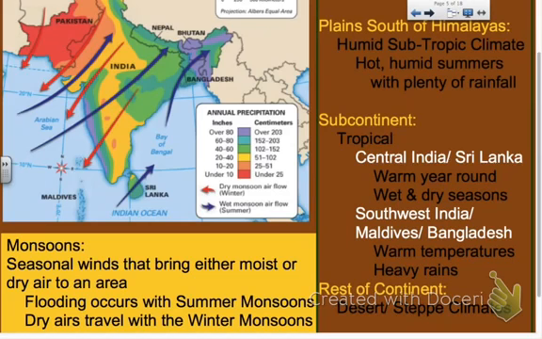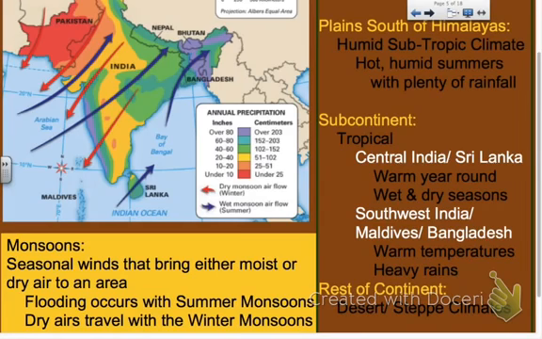You can see that they are blowing from the Arabian Sea, from the southwest, towards the northeast, up towards the Himalayan mountains. Since those winds are beginning over top of a body of water, the Arabian Sea, they are going to pick up moisture, and they are going to dump that moisture on the land once they hit landfall. So when the winds are blowing from the southwest, they're going to bring with them moisture and rain, precipitation.